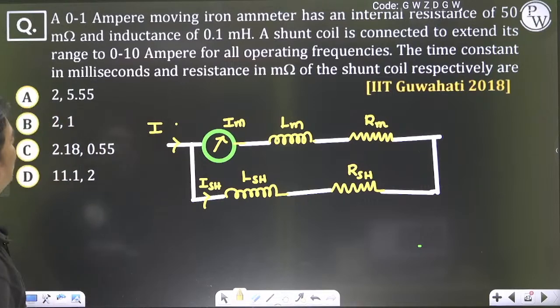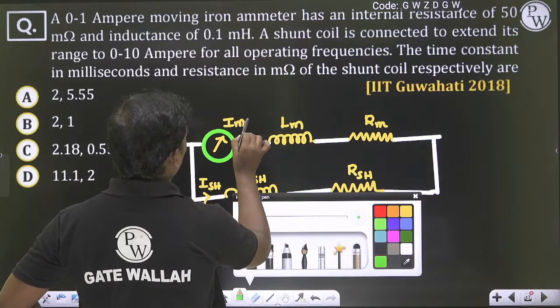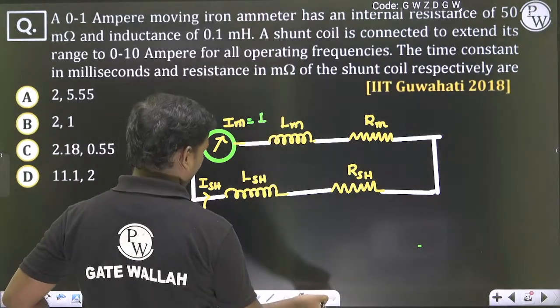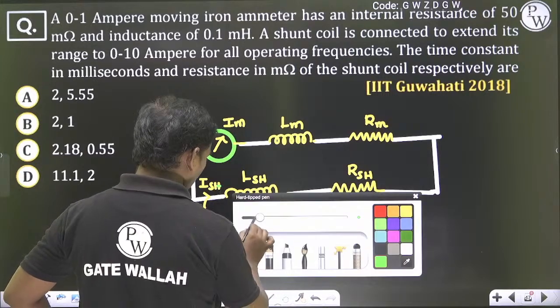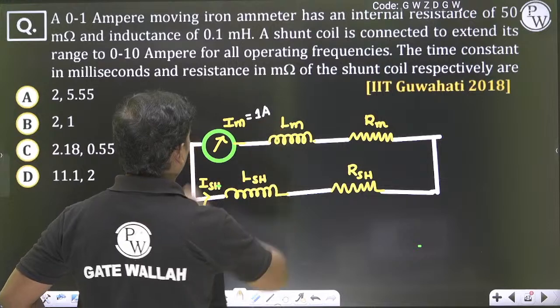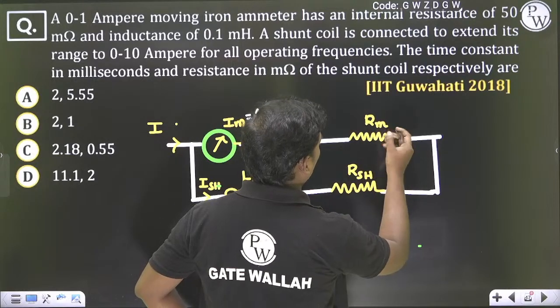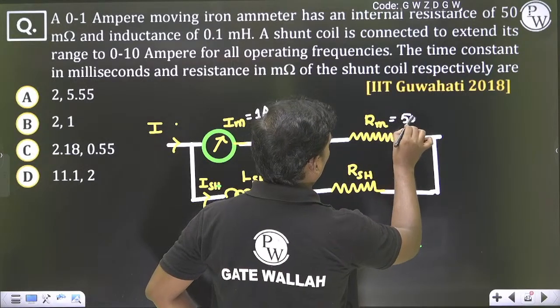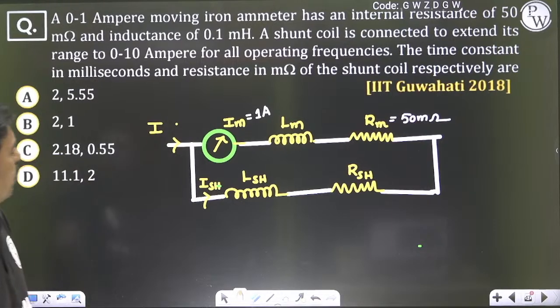So what is the data given? A 0 to 1 ampere moving iron ammeter, so the maximum is 1 ampere. Internal resistance of 50 milliohms, and inductance of 0.1 millihenry.